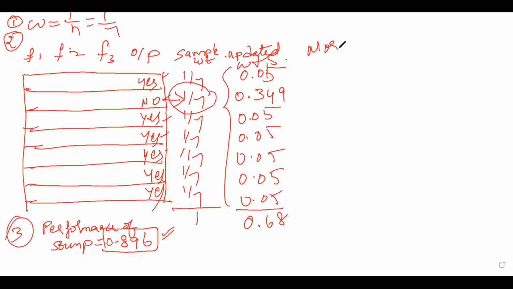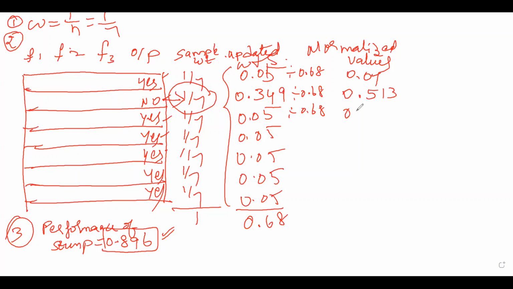We just have to divide all the values by 0.68. So we get like 0.07, 0.513, 0.07, everything else will be 0.07.